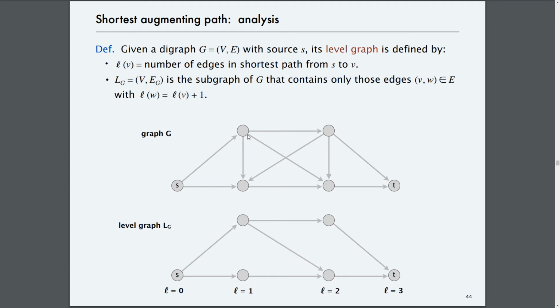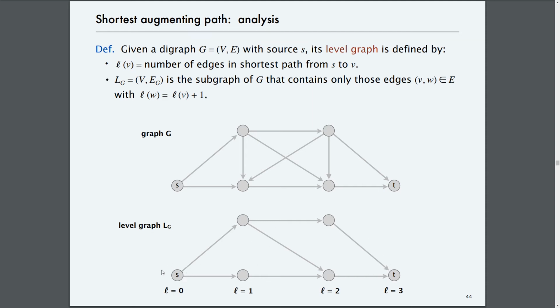It's going from 1 to 3. But of course that can't happen because then the shortest path here would be 2. So we only need to check if it's equal to L of V plus 1. And then we retain the edge. That's the graph we create.